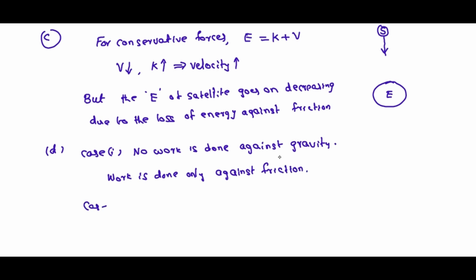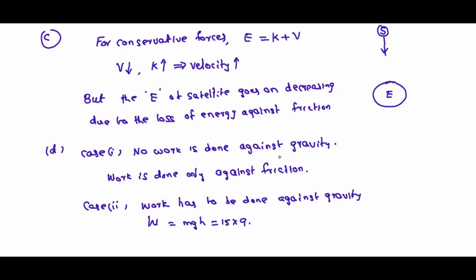Case 2. Here work has to be done against gravity. So magnitude wise its value is nothing but mgh, that is 15 kilogram, g value if you are taking 9.8, and displacement 2, which is 294 joule.